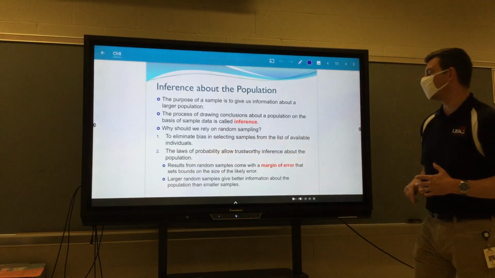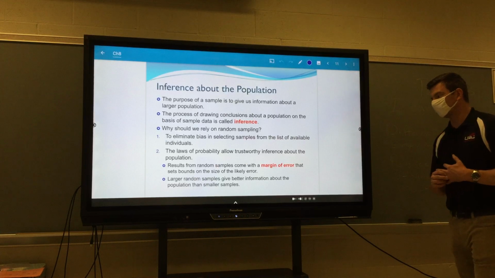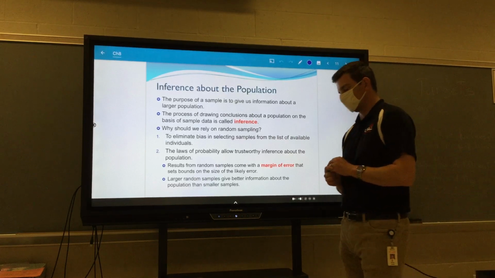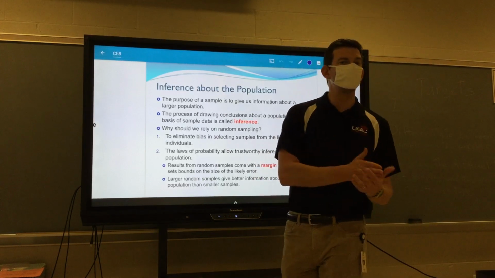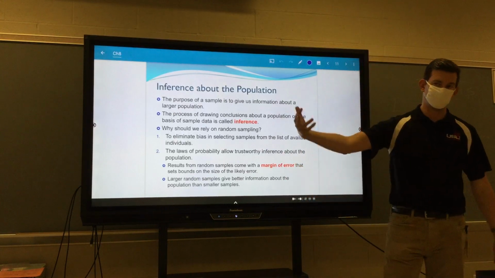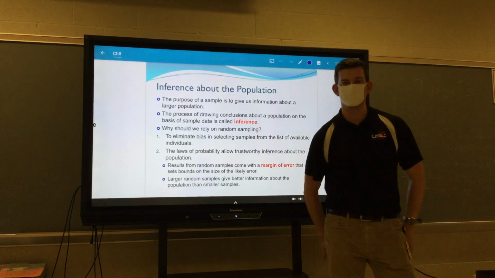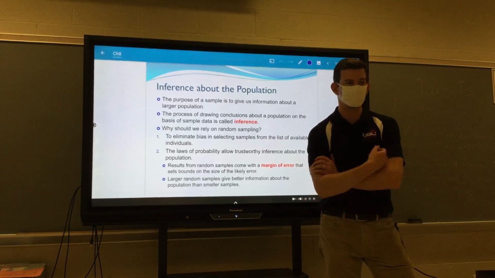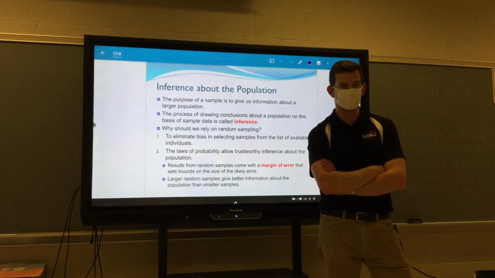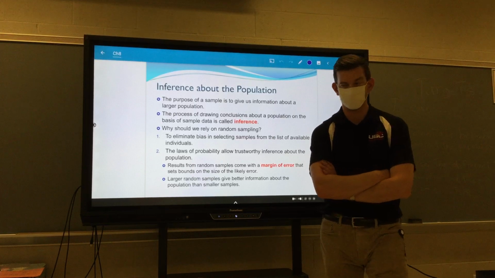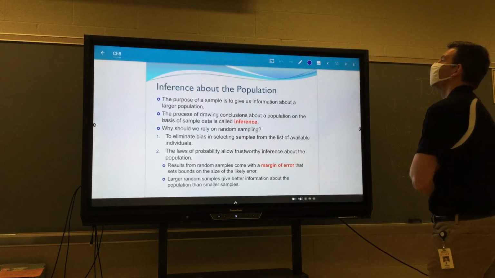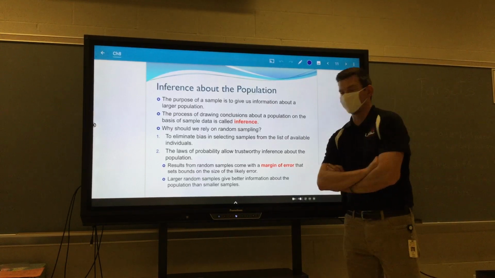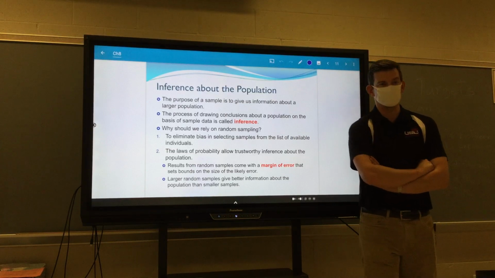The laws of probability allow trustworthy inference about the population. We'll be getting into a probability unit. I know we just started this unit, but that's our next unit. That's the most math that we'll be doing this year, a lot of complex math. We put a lot of faith in probability, and for good reason.